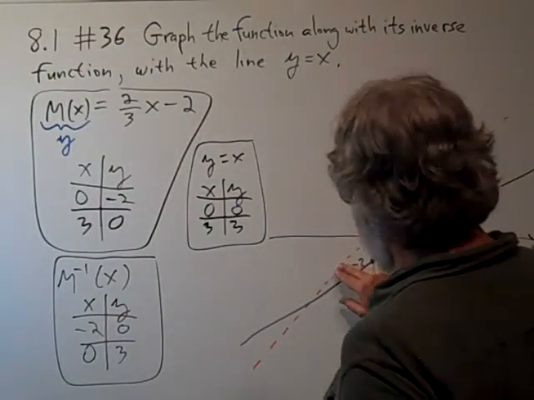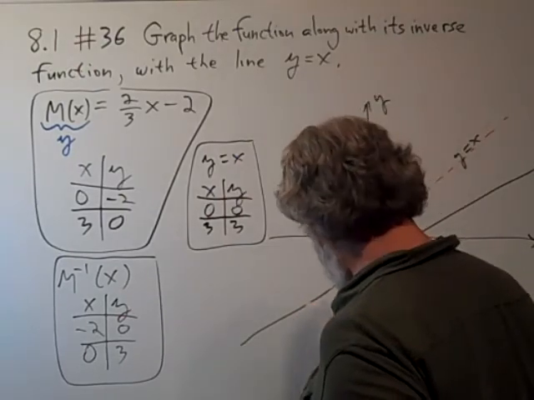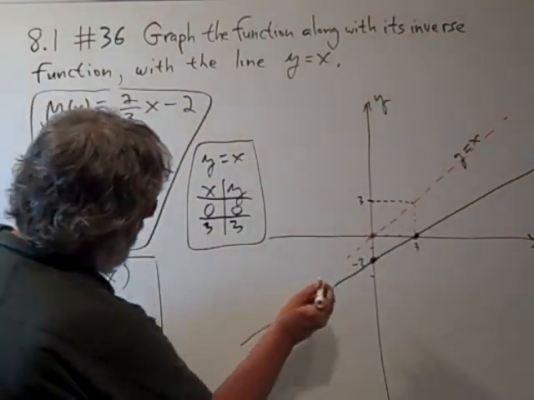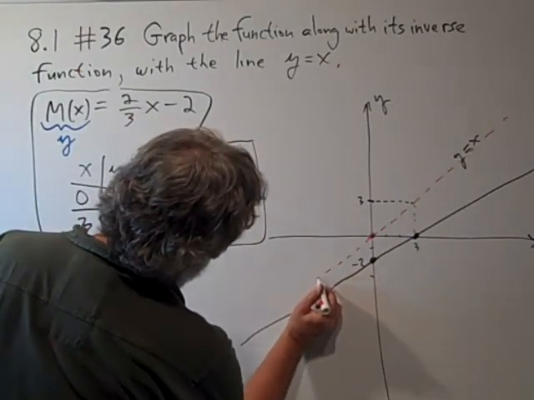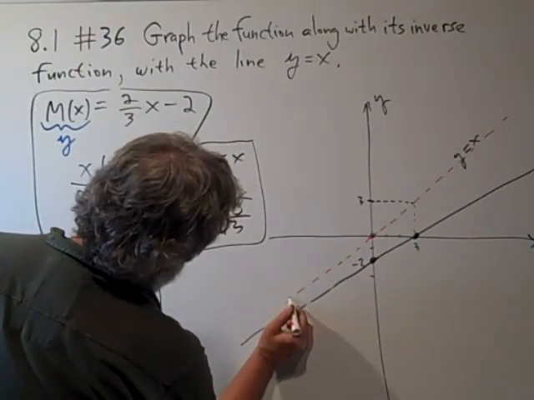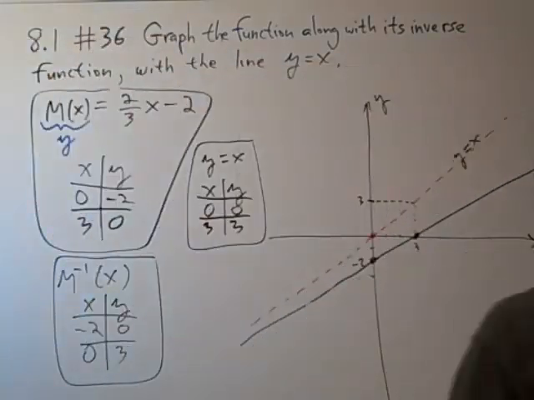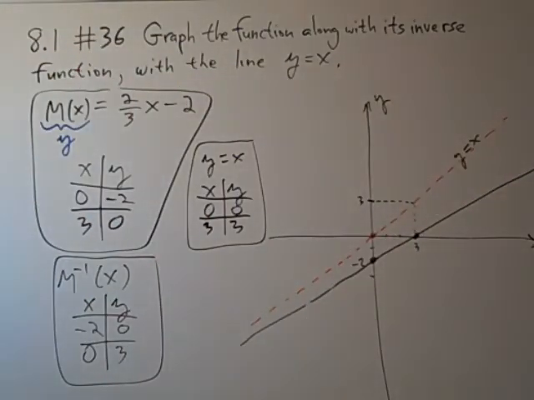Notice the red line is taking a bit of a swerve here. Let's be a little bit more careful about that. So this last line I just graphed is the graph of the line m, the function m.